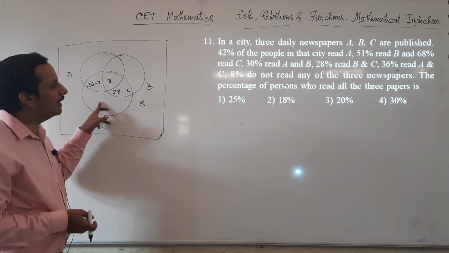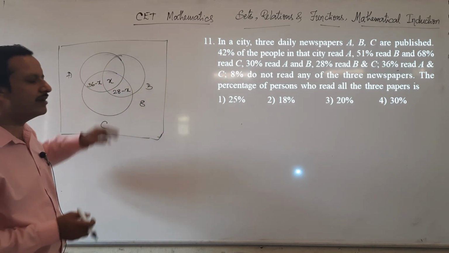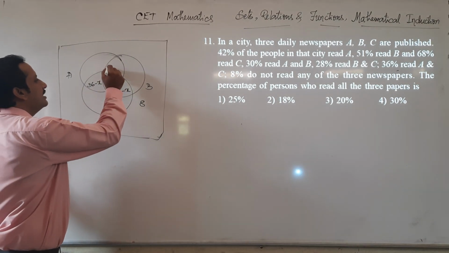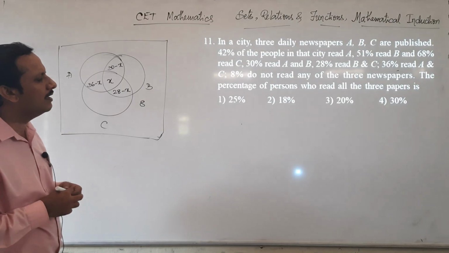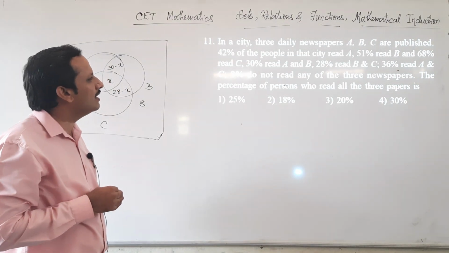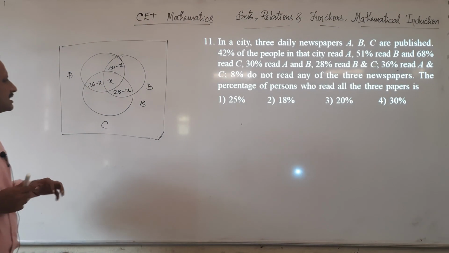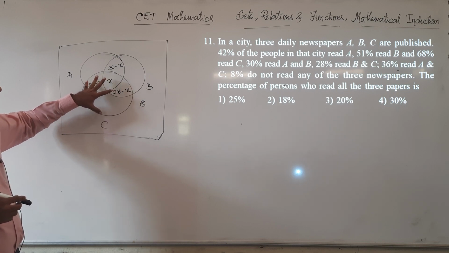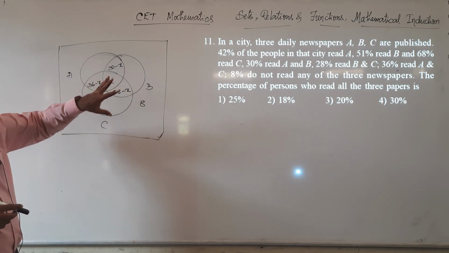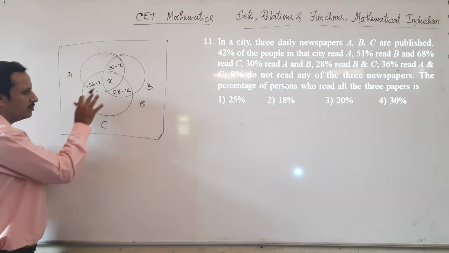Then 30% read A and B, in that X is here, so the remaining are 30 minus X. Then 68% read C. So the total should be equal to 68.